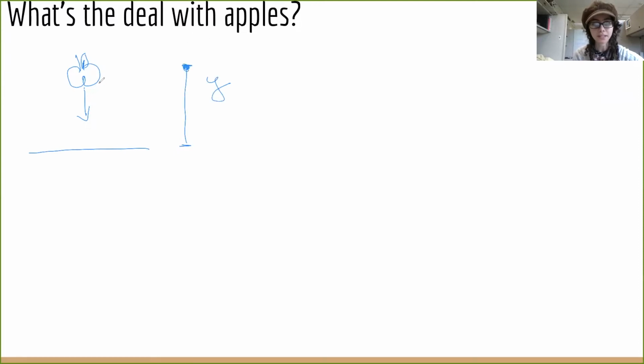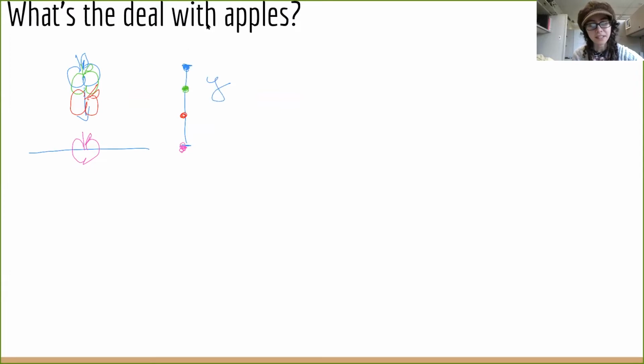And then 1 second later, it'll be down here. And then 2 seconds later, it'll be down here. And it falls faster the more time passes, until it reaches the ground.